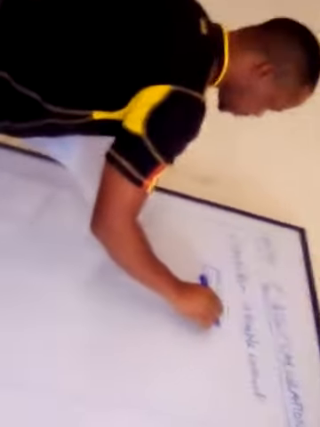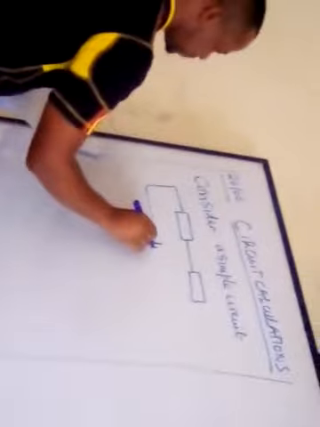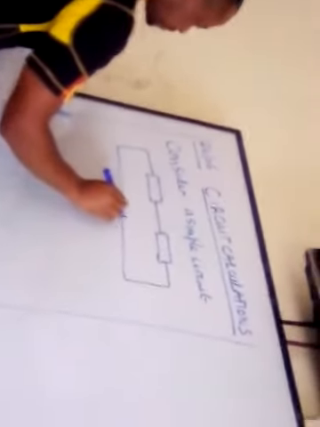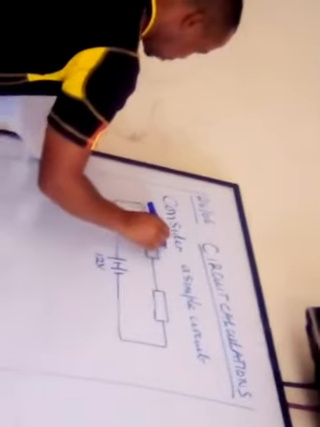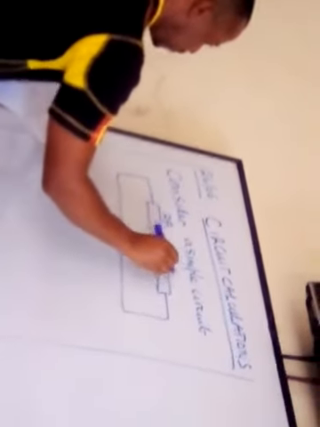If we consider a simple circuit with two resistors connected to a source of EMF of 12 volts, as indicated there, the resistances are 2 ohms and 4 ohms respectively.